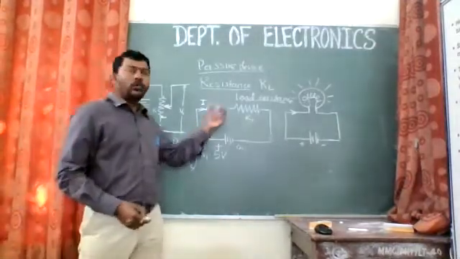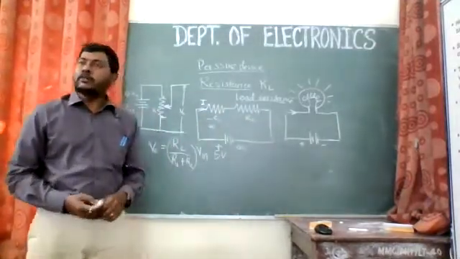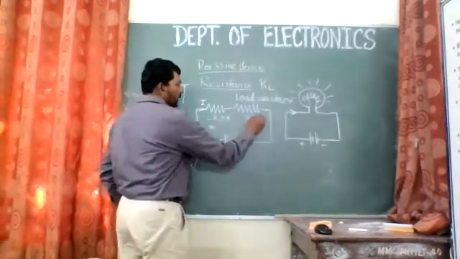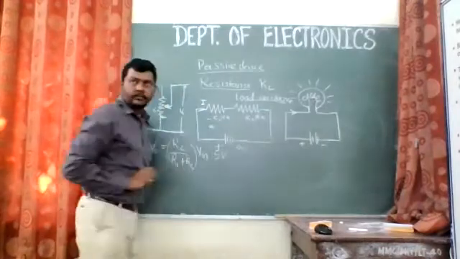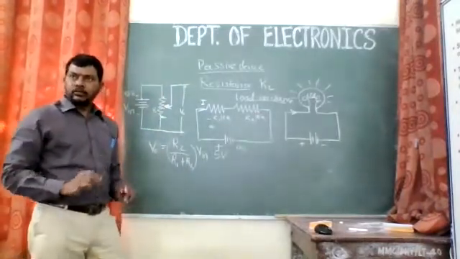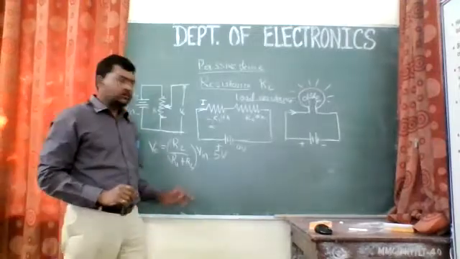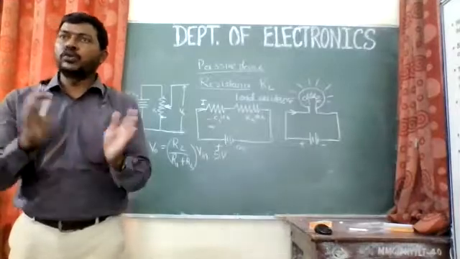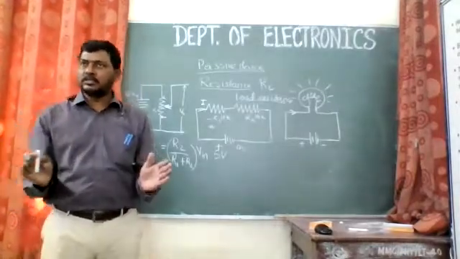Now what happens if I take both the resistances of same value? So if I put 10 kilo ohms over here and say 10 kilo ohms over here, right? I am taking both as 10 kilo ohms. So if I substitute that, since both are of same value, then equal voltage is going to drop across both the resistances.